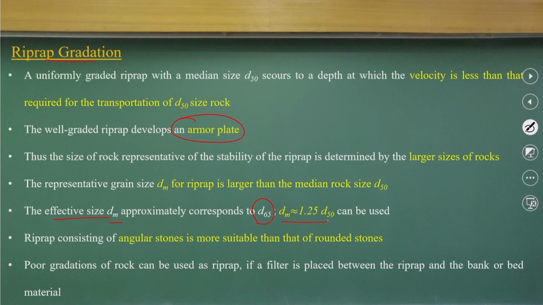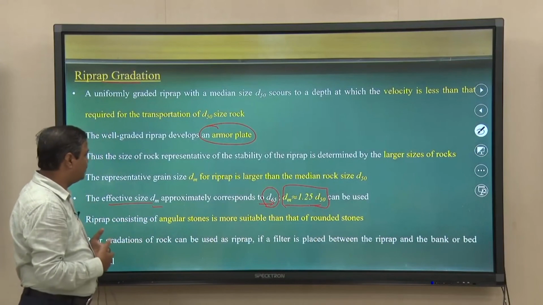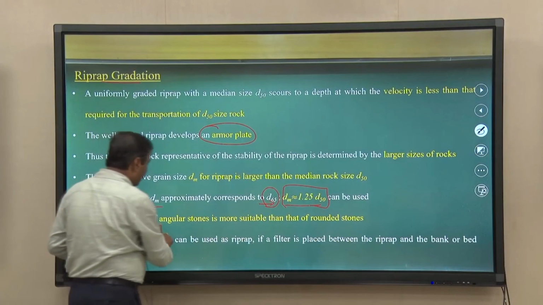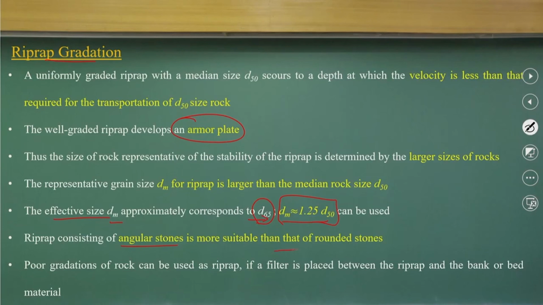Often we use a D50 value, but when we talk about rock size and well gradation, we should represent D65, which is closer to 1.25 times D50. We should have angular stones, which are more suitable than rounded stones, and poor gradation of the rock can be used for riprap. Then we should have a proper design of the filters, the filter materials, otherwise the bank and bed materials can collapse.